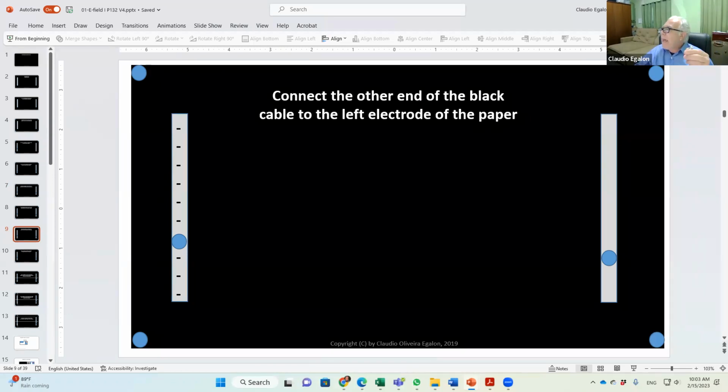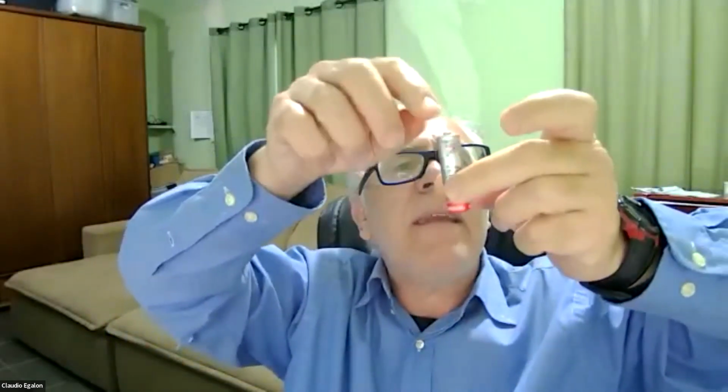This battery has a negative polarity here at the bottom and a positive polarity here at the top, so much so that it has a positive sign here. It's kind of difficult to see because the plus sign is very small. In the other battery, the plus sign was better visible. But every time you get one of those batteries, whatever is sticking out is positive, whatever is flat like that is the negative. So the power supply also has a negative pole and a positive pole.